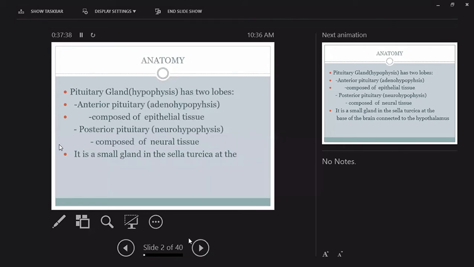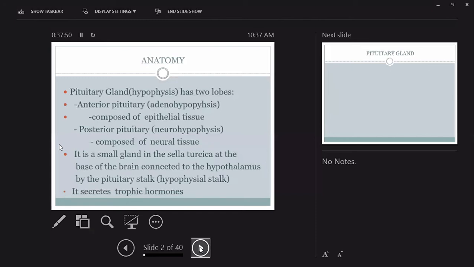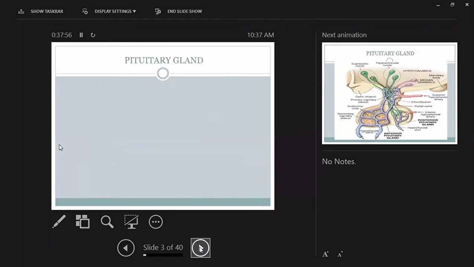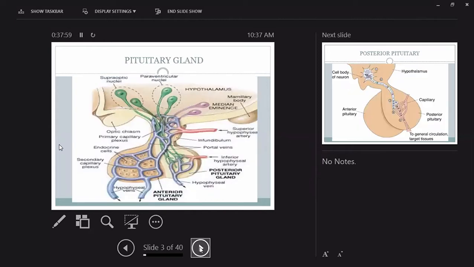It is a small gland in the sella turcica at the base of the brain, connected to the hypothalamus by the pituitary stalk, the hypophyseal stalk. It secretes trophic hormones.